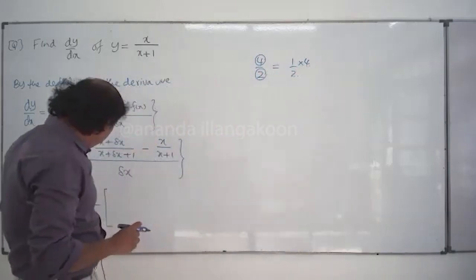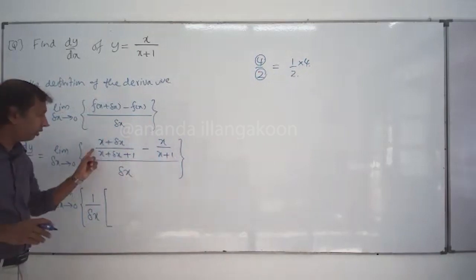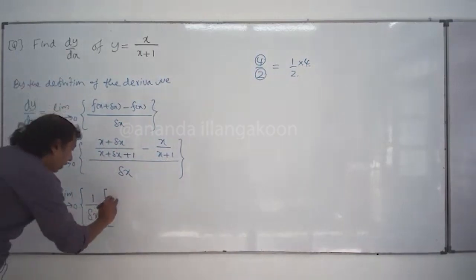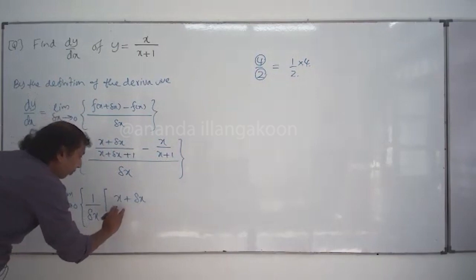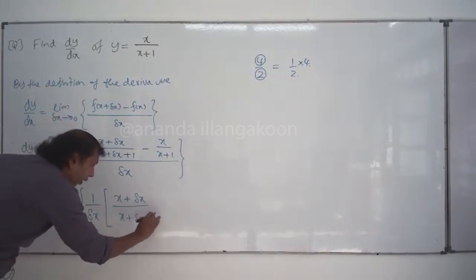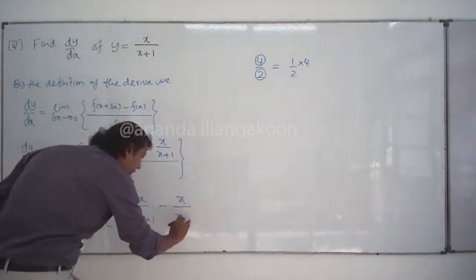Like that, dividing this by delta x means multiplying this whole numerator by 1 upon delta x. Okay. Then I can write it like this: x plus delta x divided by x plus delta x plus 1, minus x upon x plus 1.